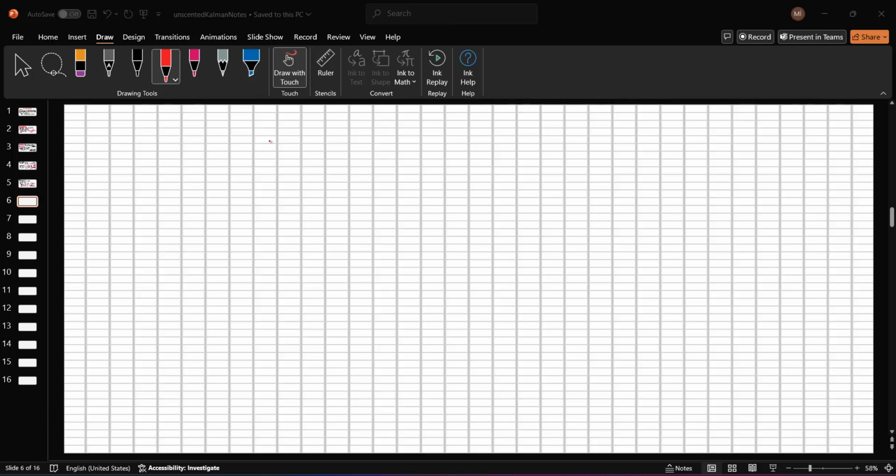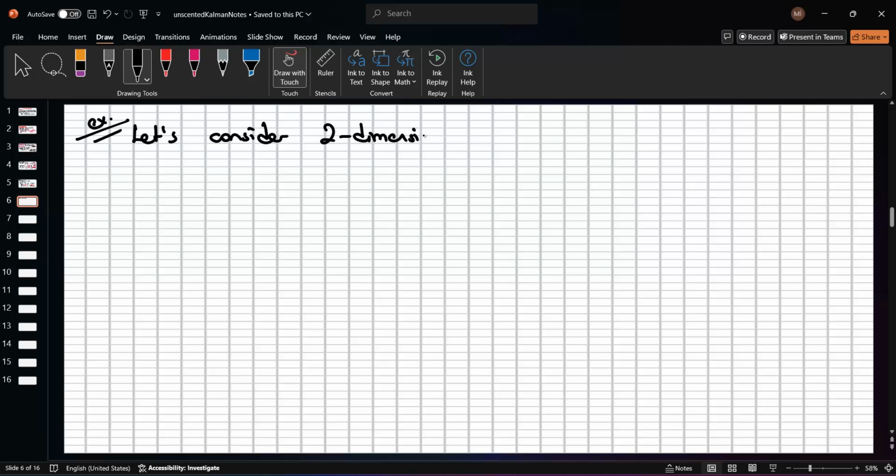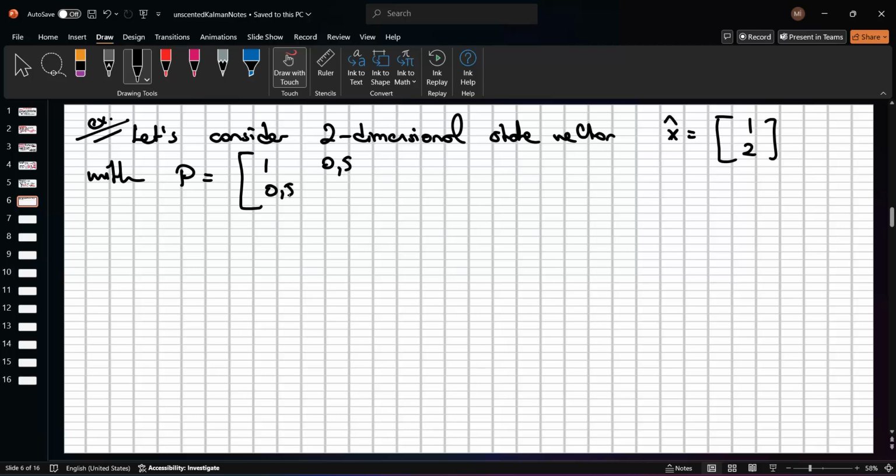We can generate the example about the calculation of this transform. Let's consider a two-dimensional state vector, x hat = [1, 2], with P covariance matrix [1, 0.5; 0.5, 2].